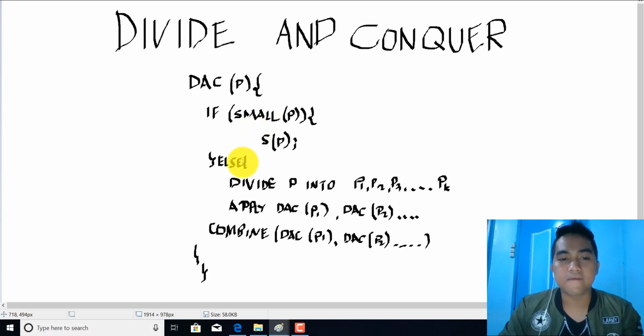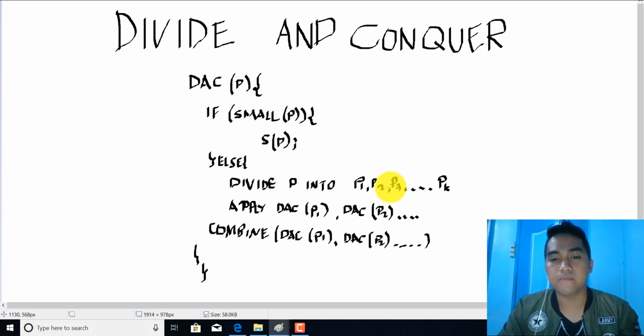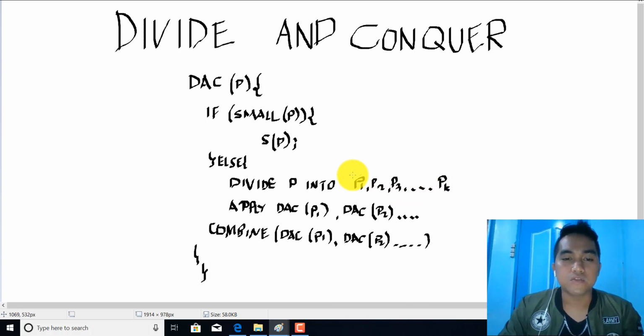Or else, if that problem is a large problem, then you need to divide it into sub-problems: problem 1, problem 2, and so on. Then to solve it, we will apply the divide and conquer method to solve those sub-problems.